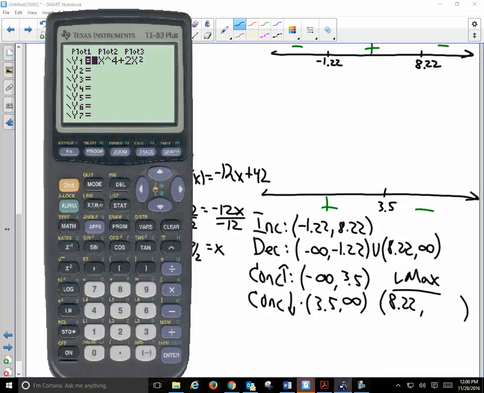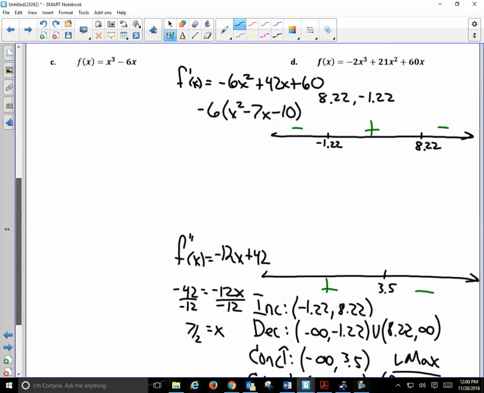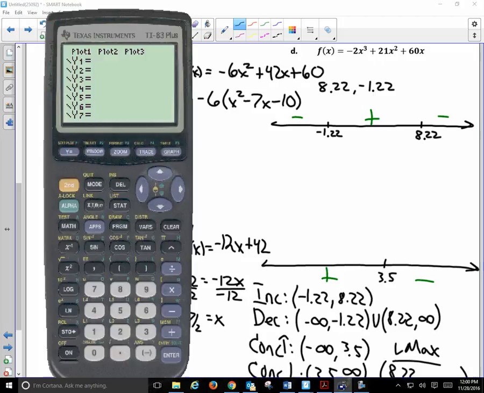So I'm going to go to y equals and type in my original function, negative 2x to the third plus 21x squared plus 60x. I type in 8.22. I get 801.3.